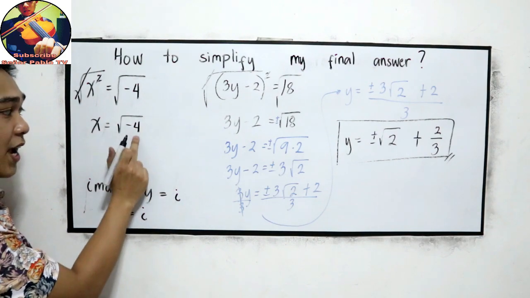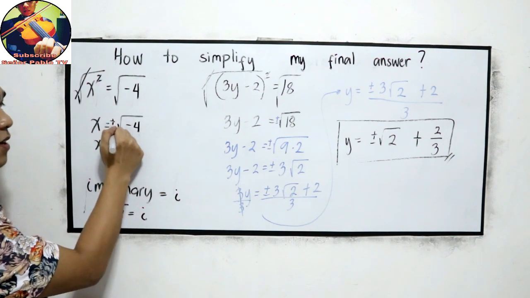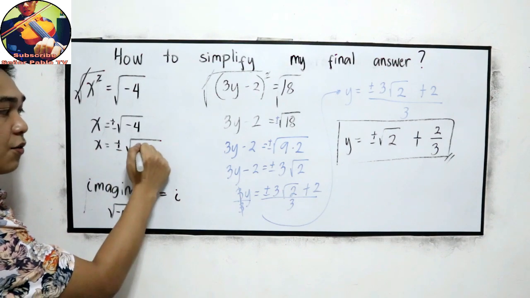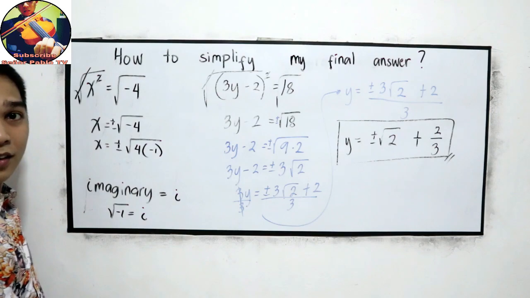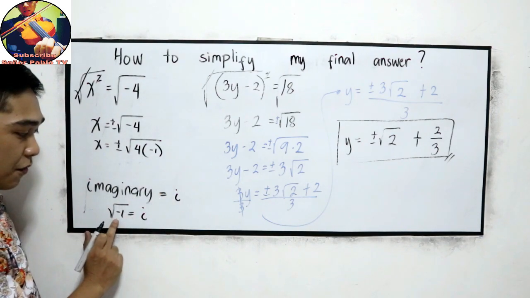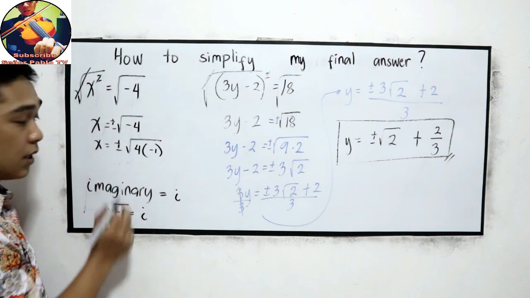Now let us factor negative 4. Factors of negative 4 are 4 times negative 1. We need to write negative 1 because the equivalent of i is the square root of negative 1.